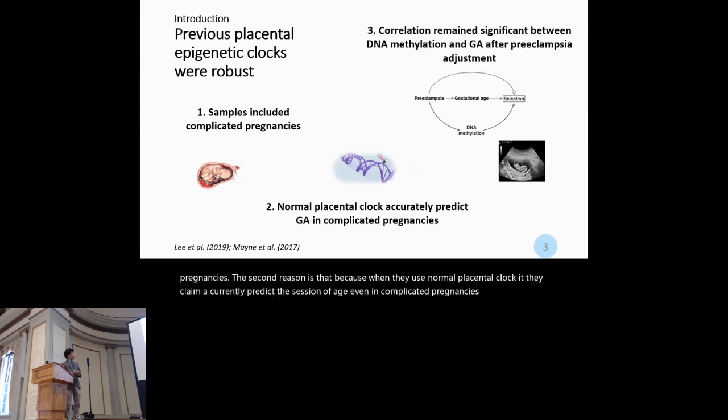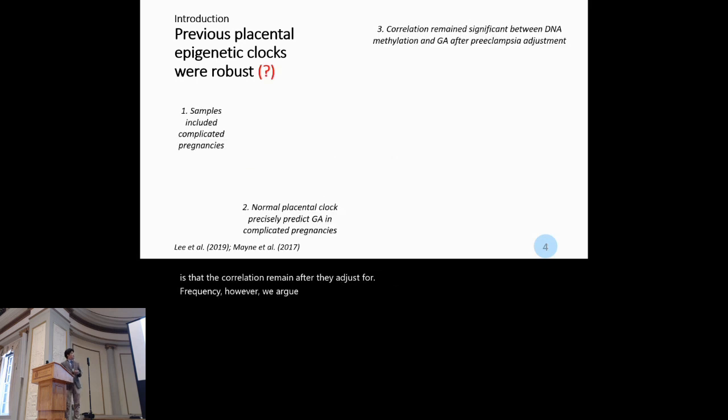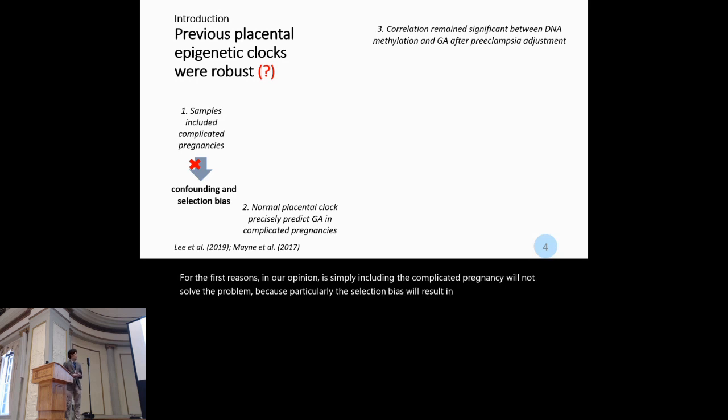And the third reason is that the correlation remained after they adjusted for preeclampsia. However, we argue that for the first reason, simply including complicated pregnancies will not solve the problem, because selection bias will result in a generalization problem.